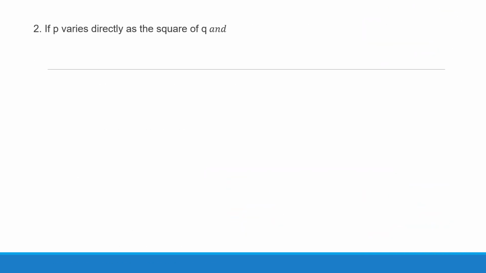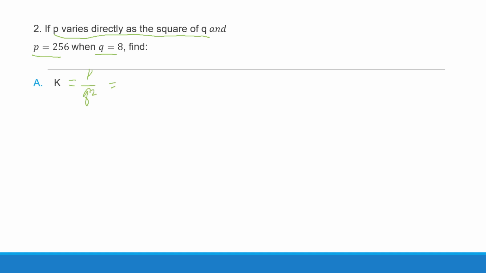Example number 2. If p varies directly as the square of q, and p is equal to 256 and q is equal to 8, we need to find the k. Remember the formula: instead of y over x squared, this becomes p over q squared.